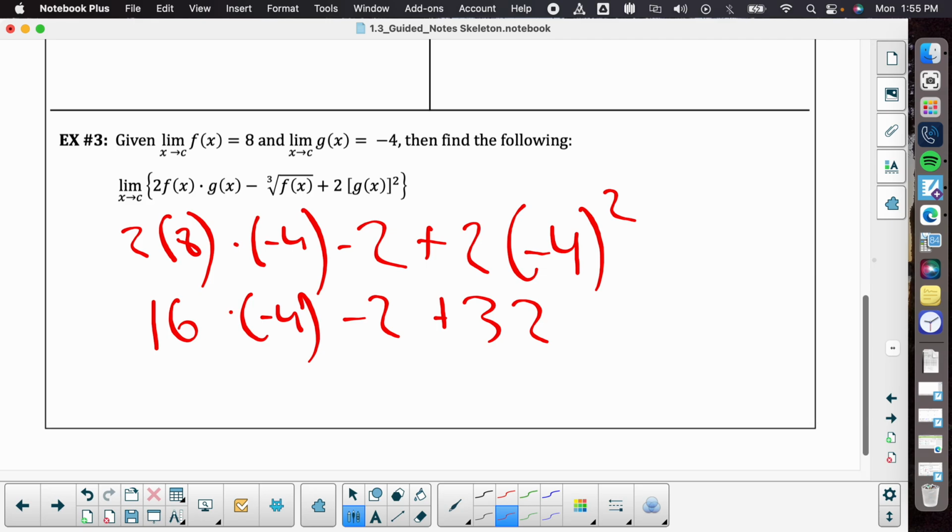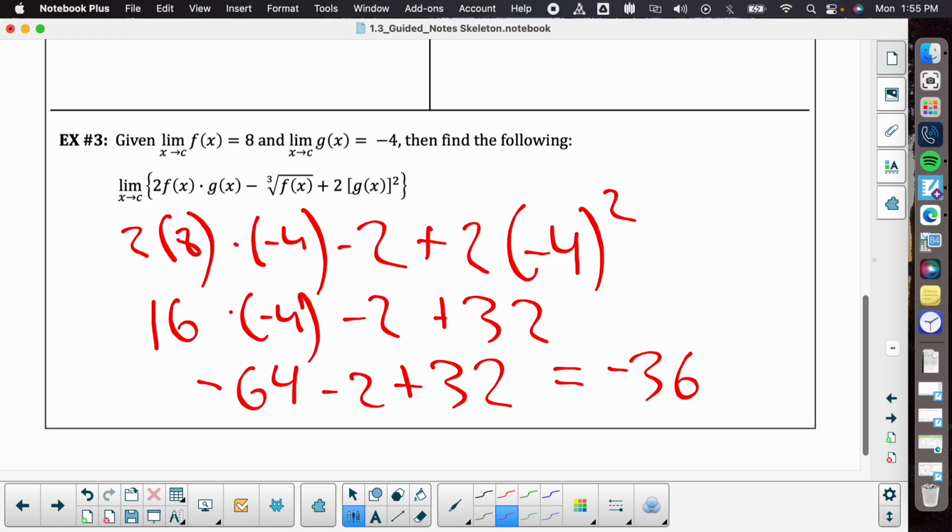Negative 64? So negative 66 plus 32, negative 34? Negative 34. Yeah, I don't expect you to do that kind of arithmetic in your head. Okay, nice. I think it's negative 34. Yeah. Put your palm on there. Perfect. Nice job.